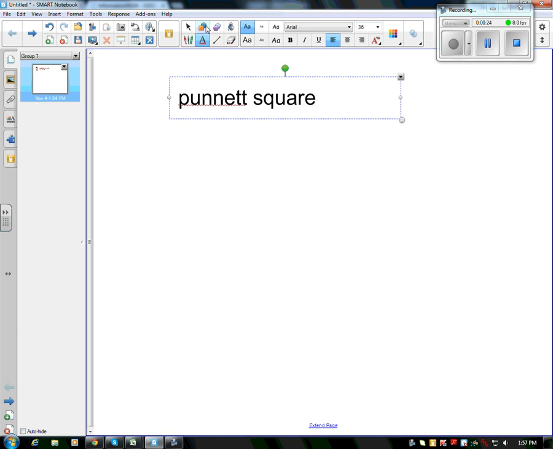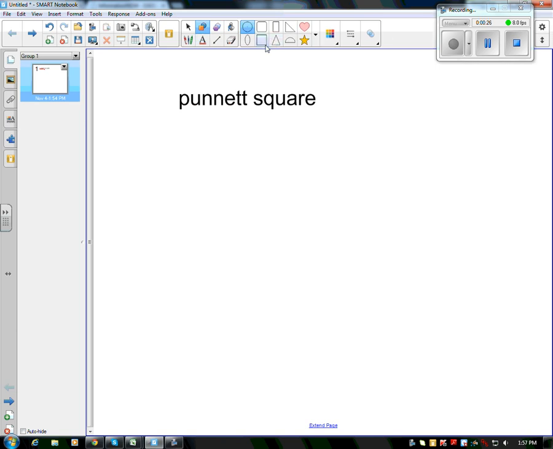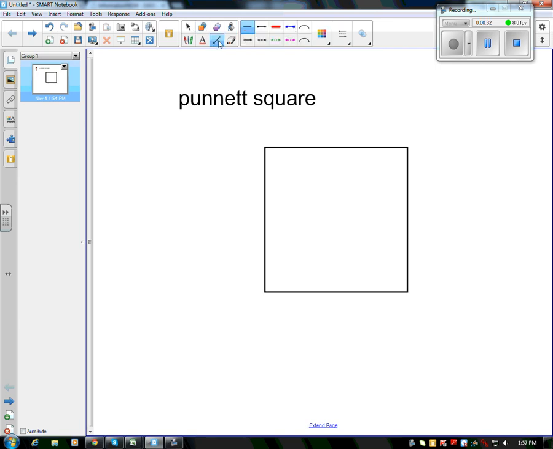It's a square with lines. That's what a Punnett square looks like. It helps you go through and see with the dominant and recessive alleles.